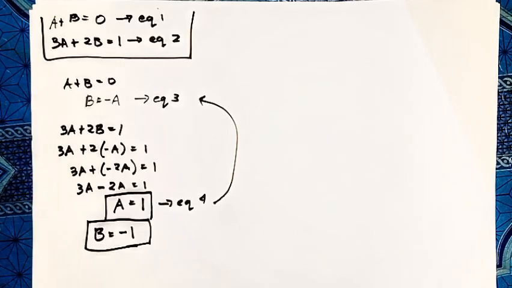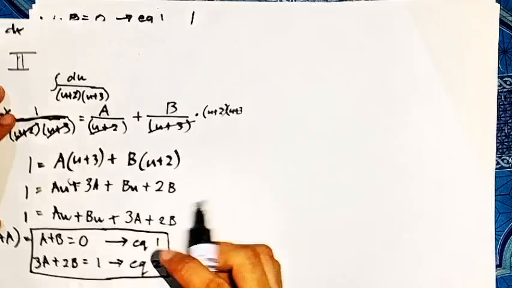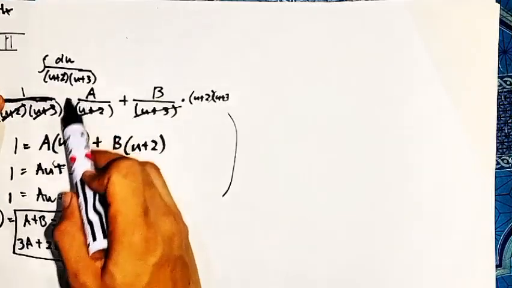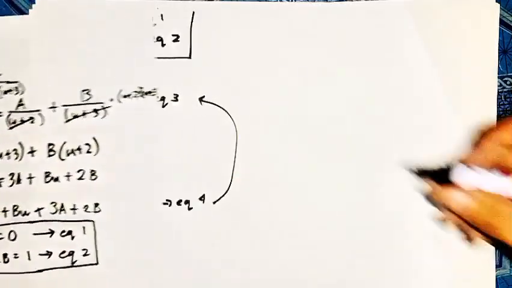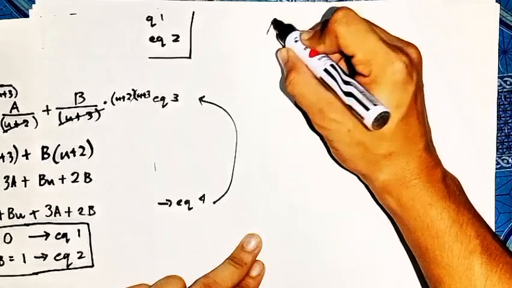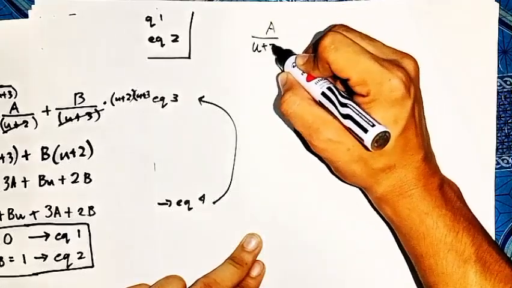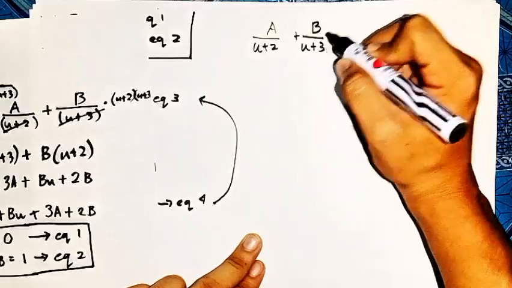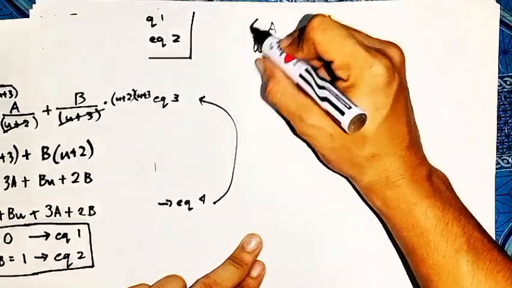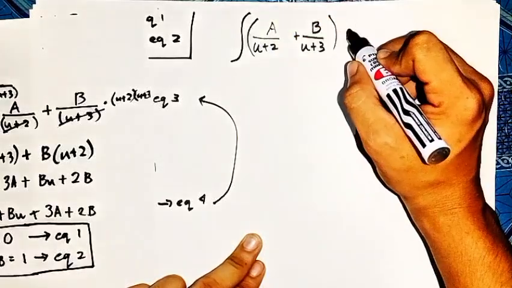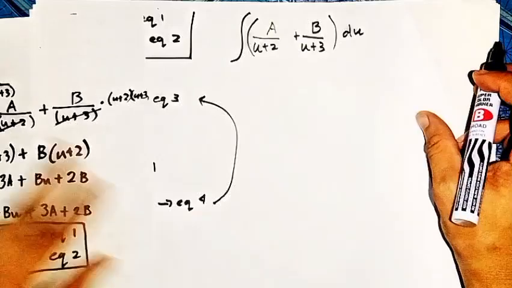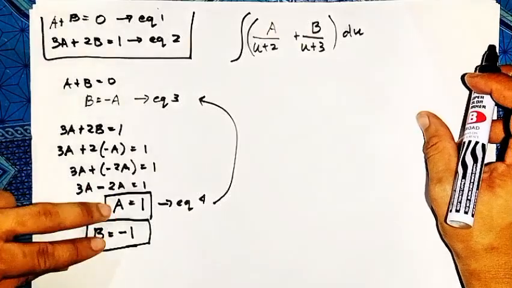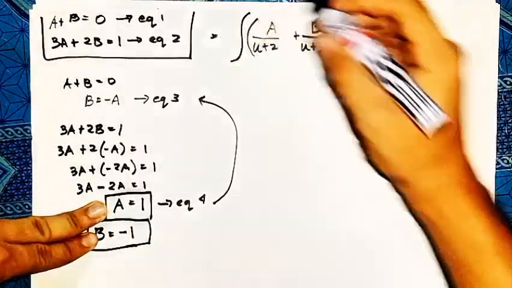Now, let's go back to this equation: A over u plus 2 plus B over u plus 3. Don't forget the integral and du. Now, let's substitute these two values in our problem.